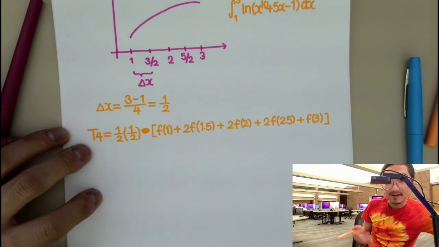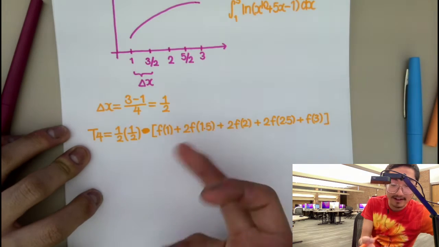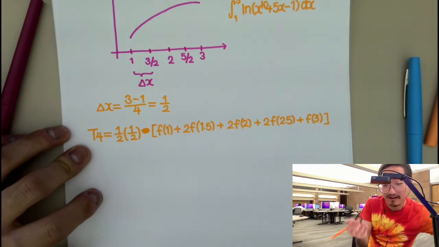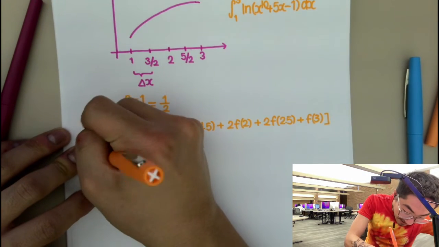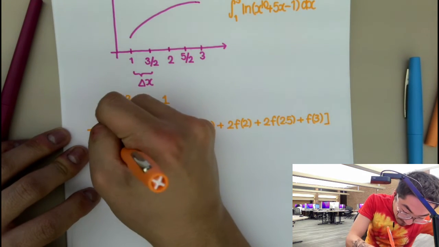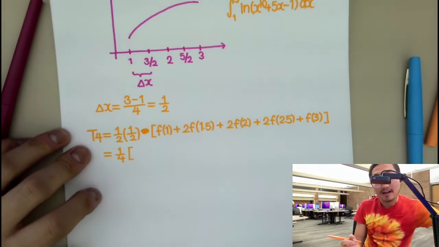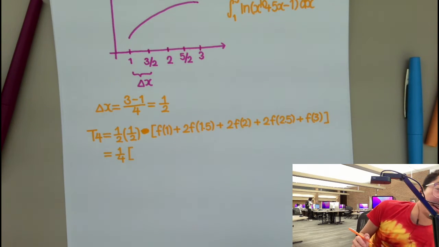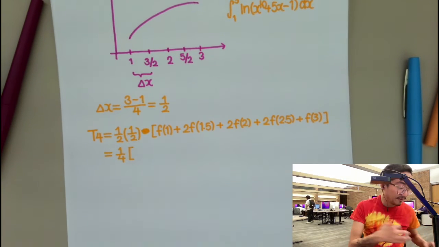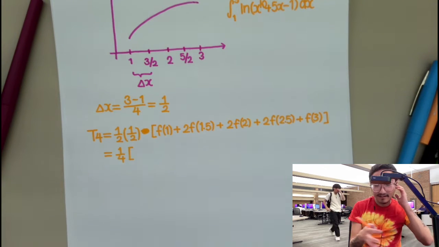I'm doing this because x to the 10th of non-integers is hard, so I'm just going to say it's 1/4. I'm going to take out my calculator because 1.5 to the power of 10 is large.